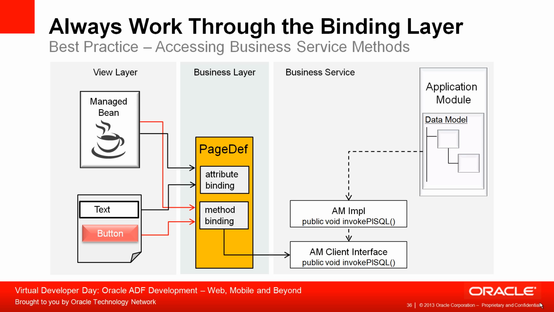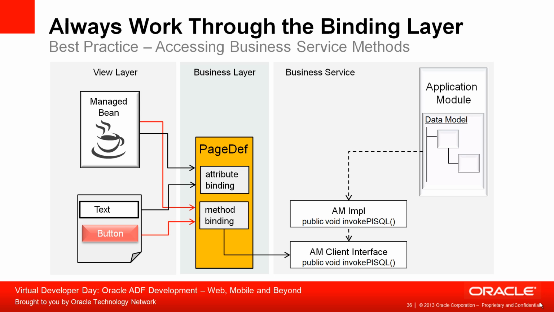Similar for attribute bindings. If, for instance, my method requires an argument, then I automatically can create a parameter form. I just drag and drop that in, and then it will create an attribute binding that could either be called from a managed bean or directly called from a page.